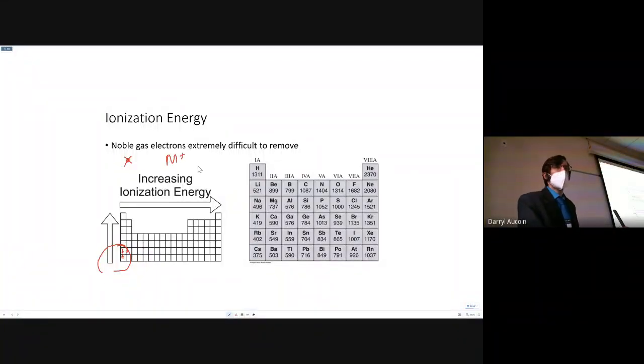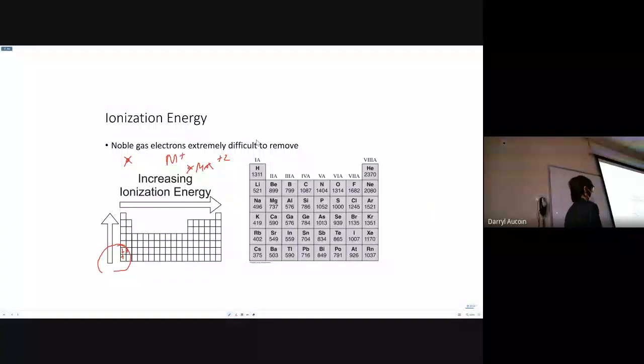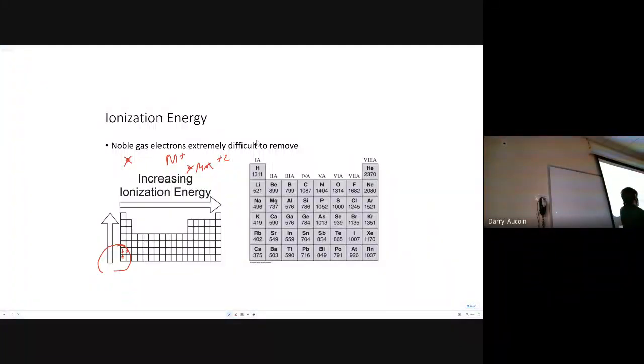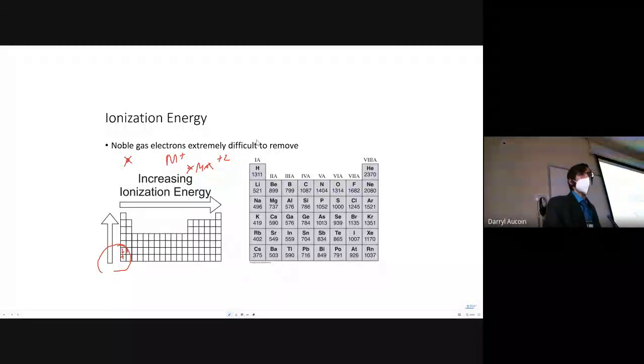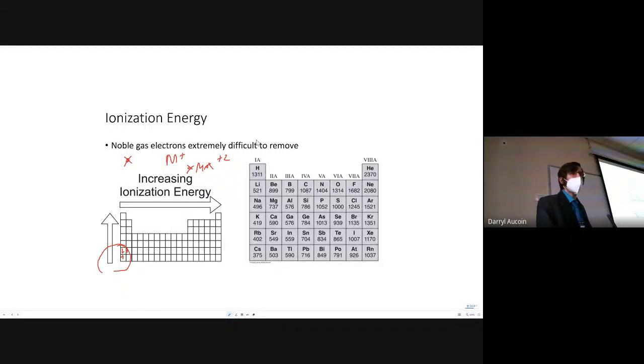Or maybe they have 2 dots, right? They're going to lose both those dots and become positive. So all those metal ions, all those metal atoms, they're becoming positive because they're generally larger than the atoms over here. And that means it's easier for them to lose their electrons and become positive. So that's why we see all the atoms on this side of the table being positive.